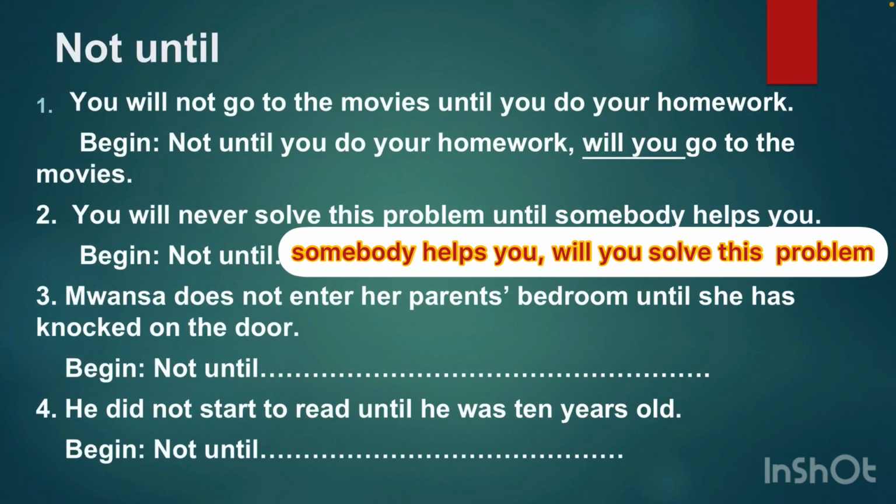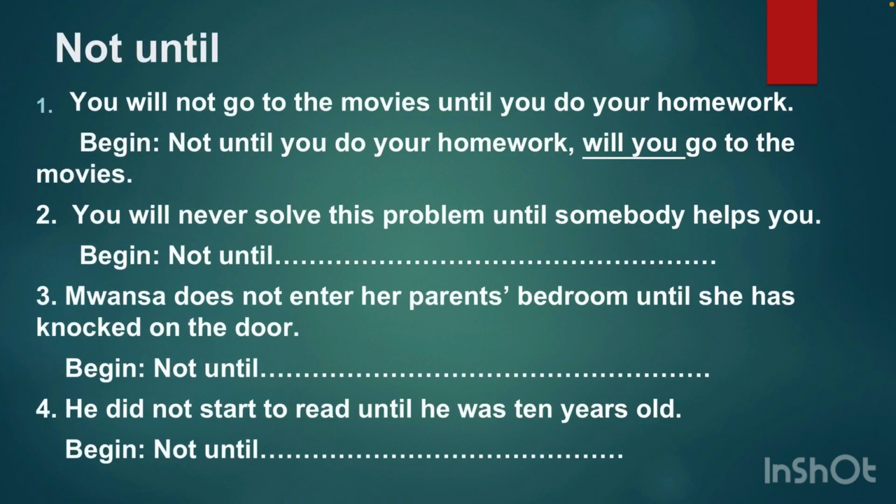Mwansa does not enter her parents' bedroom until she has knocked on the door. Until she has knocked on the door. That's the remaining statement. In this case, we have does Mwansa. Does Mwansa. So we are going to swap. But are we going to say not until she has knocked on the door? Who has knocked?